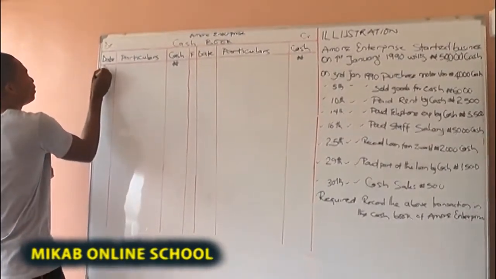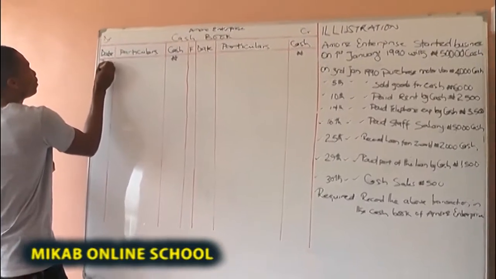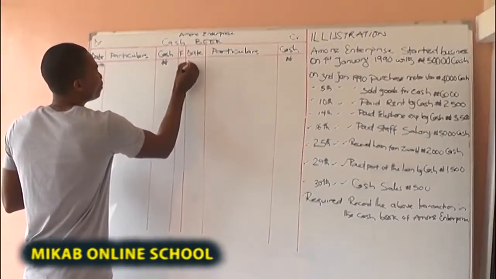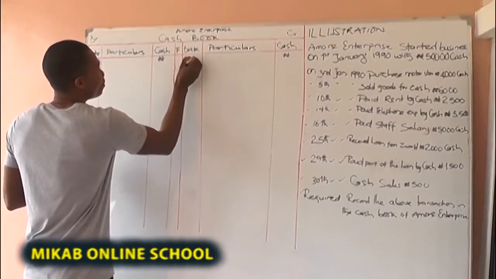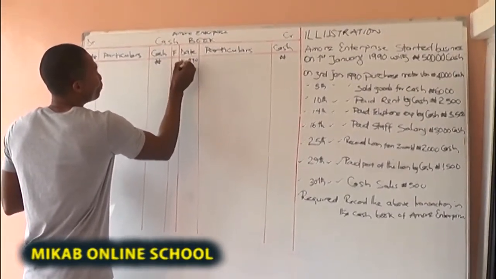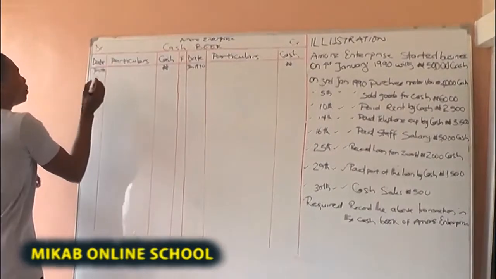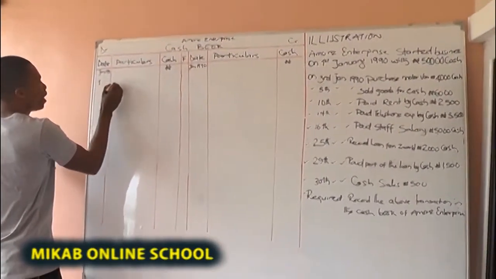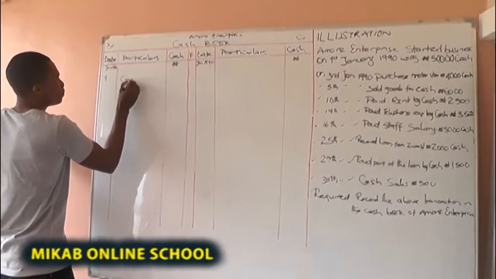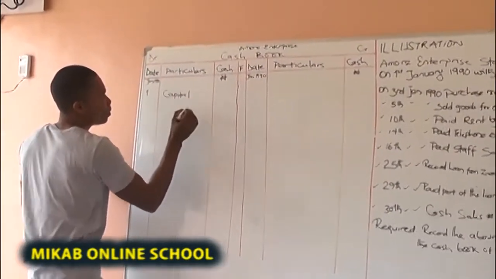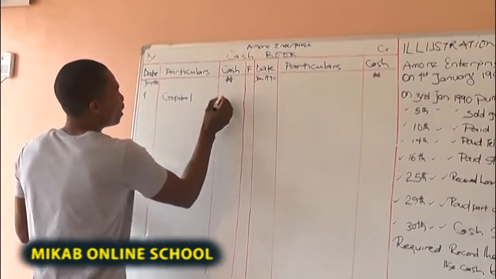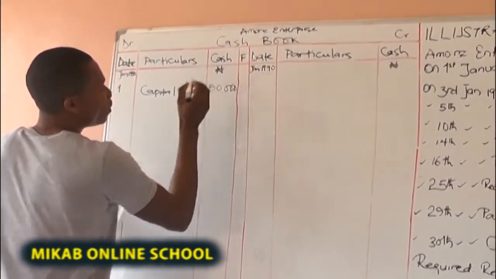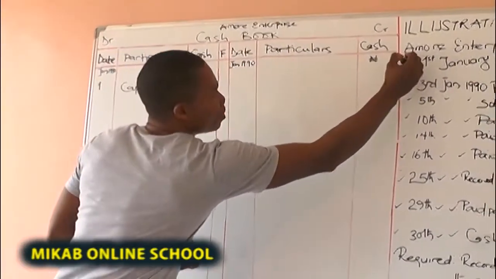January 1990. Here you also have January 1990. Now, on the 1st of January, we have capital. Capital of how much? 50,000 Naira. Here we have solved this one.